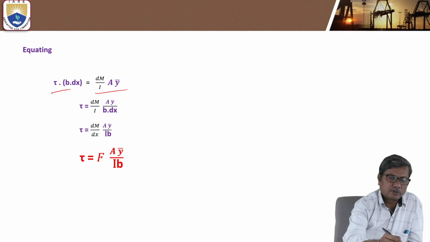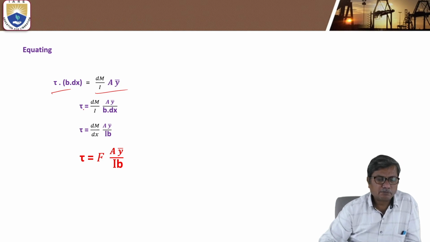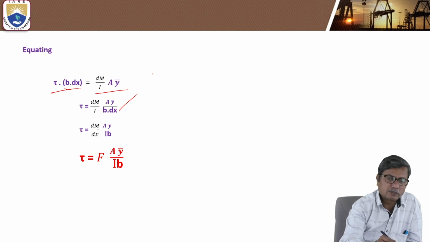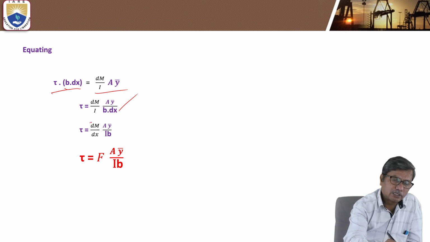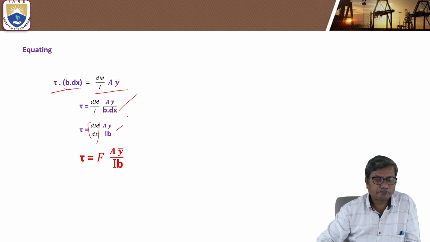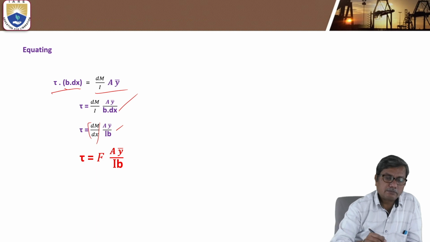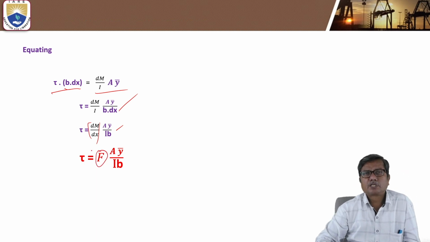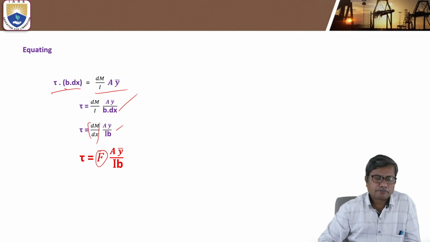By equating these two, you will have tau equal to dM by I into A y bar by B dx. B dx we take to the right-hand side. Rearranging these terms, dM by dx into A y bar by I B, and dM by dx is nothing but the shear force.